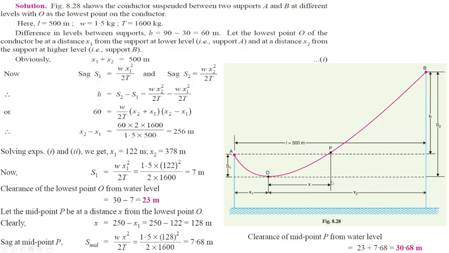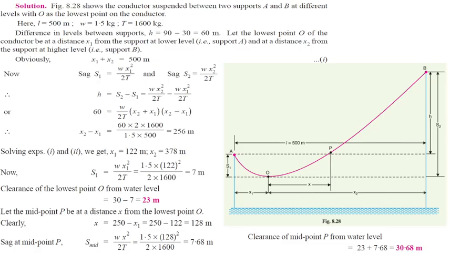And in this point, from here to here, the total sag is equal to 7.68 minus the clearance from here to here, 20 plus the 23. In total it will be 30.68 from here to water.